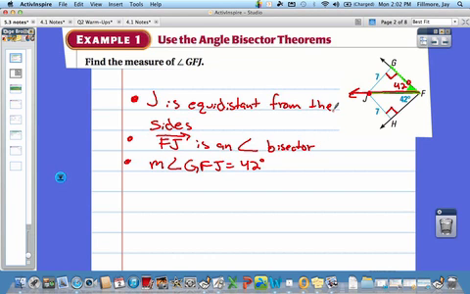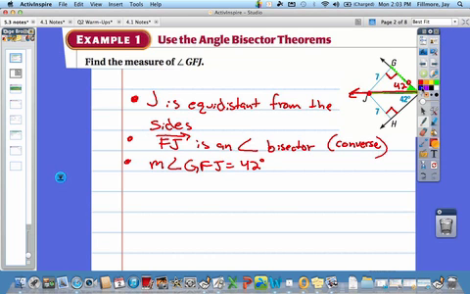We know that's the angle bisector because J is equidistant, and that's using our converse, which we just talked about on the previous page. So here's an example of how we can use some reasoning to determine if something is on the bisector to solve a problem. Let's look at another one.